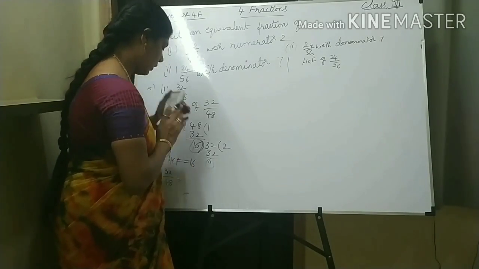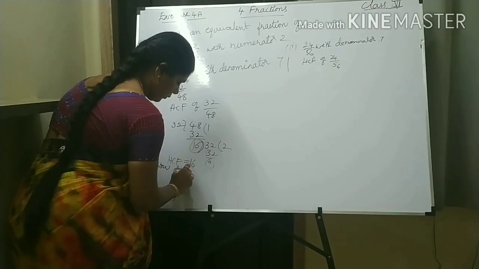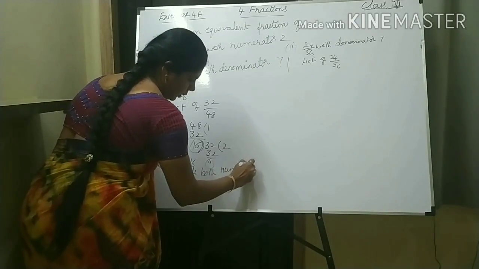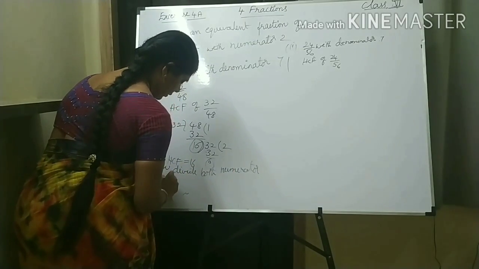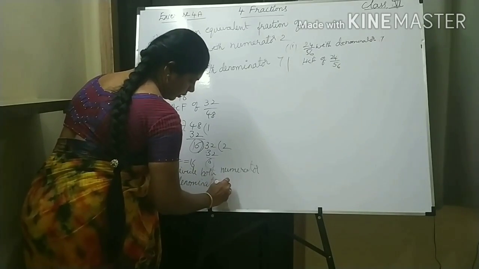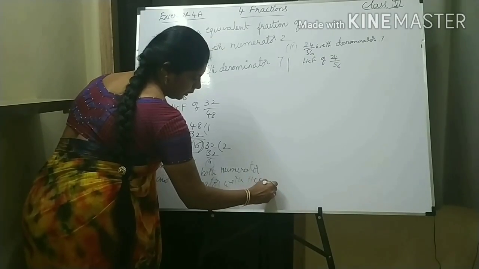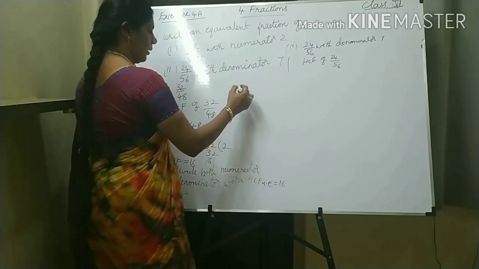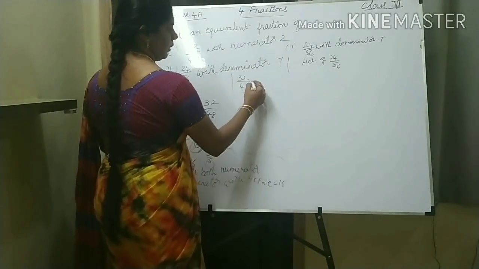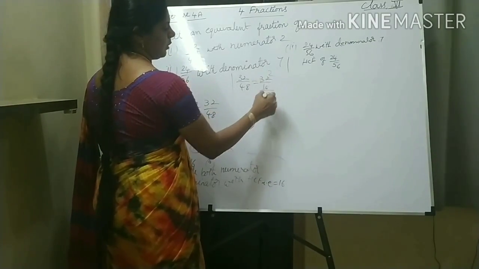Now divide both numerator and denominator with HCF, that is 16. So 32 by 48 equal to 32 by 16, 48 by 16. 16 1 16, 16 2 32, 16 1 16, 16 3 48.